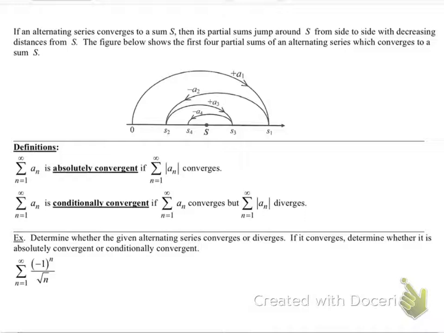The verbiage associated with this page is super complicated, correct? Okay. So if you look, it says that the series is absolutely convergent if the absolute value of the terms also converges, and it's conditionally convergent if the alternating series converges, but the series of the absolute value of those terms diverges.